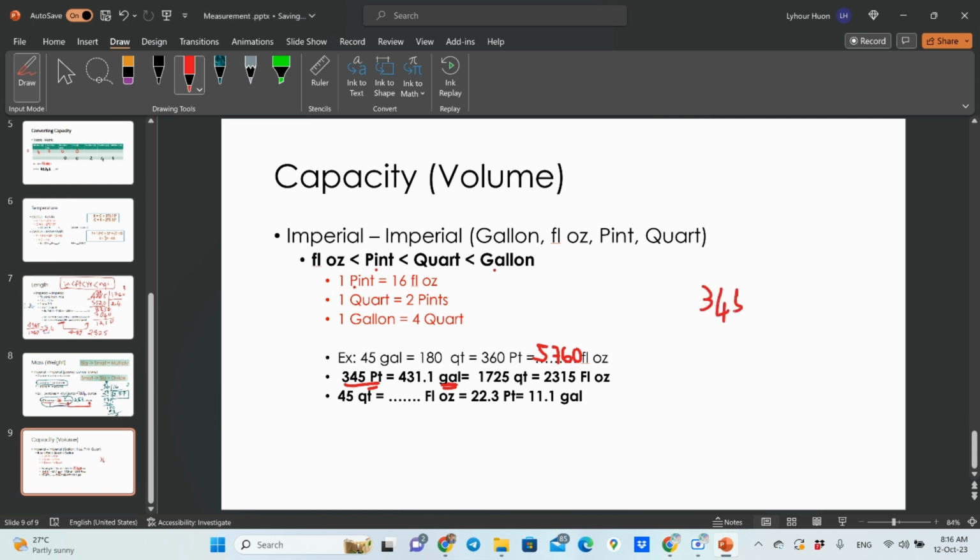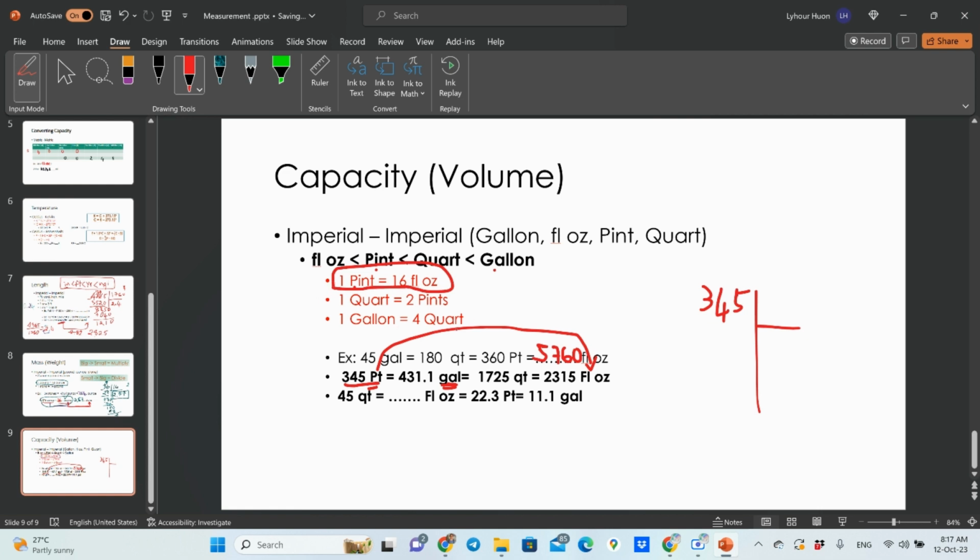Oh no, actually I started by converting 345 pints to fluid ounces. Oh, you start converting to fluid ounces first. Was that wrong? Correct, because we only have the reference pint to fluid ounce.